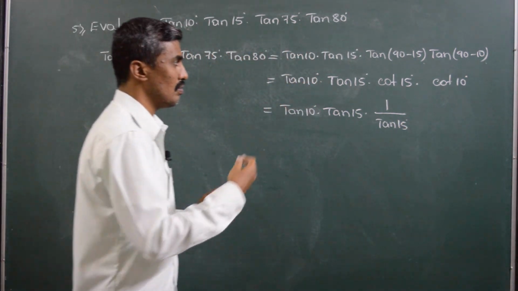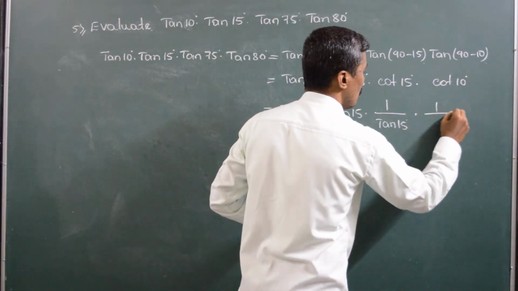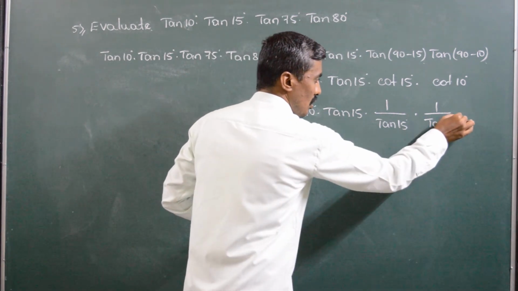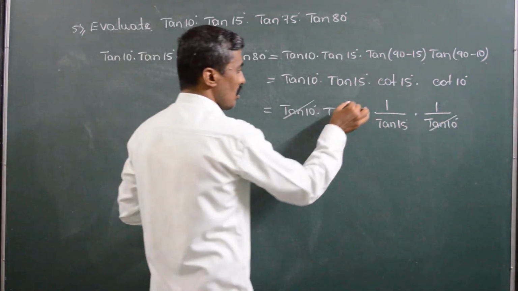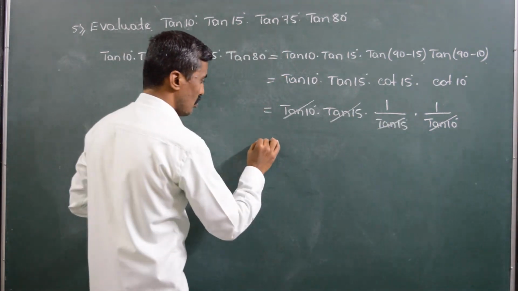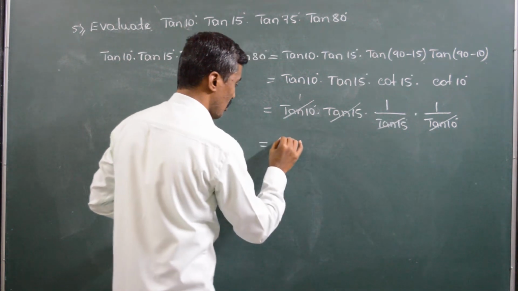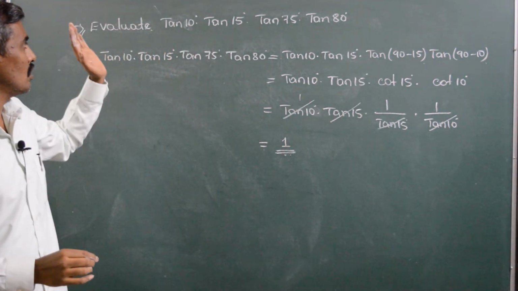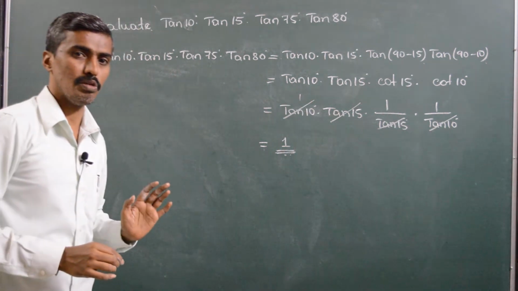So 1 by tan 15 is equal to cot 15 degree, into 1 by tan 10 degree. So tan 10 in the denominator, here tan 10 in the numerator get cancelled. Tan 15 get cancelled. What you got? 1 into 1 into 1 into 1. So what is 1 into 1 into 1? So that is 1. So this is the value of tan 10 into tan 15 into tan 75 into tan 80.